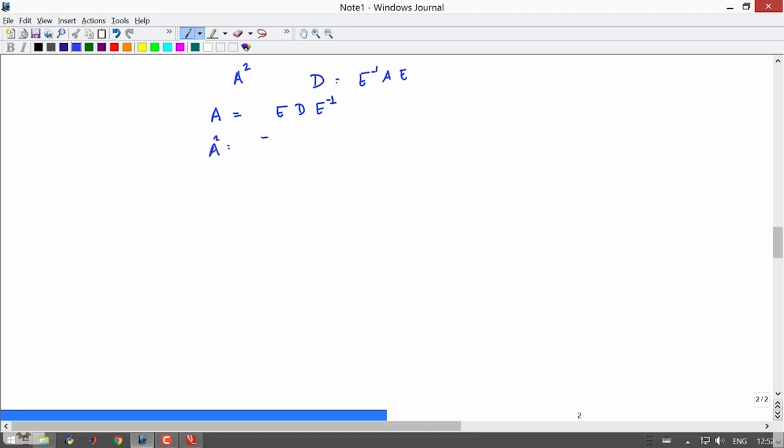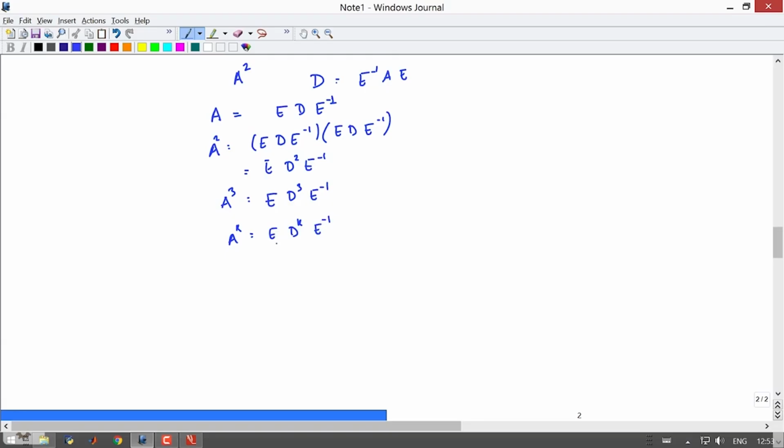A square would be E D E inverse multiplied by E D E inverse. So this is E D square E inverse. Similarly, I can write A cube to be E D cube E inverse, and similarly any kth power can be computed this way.